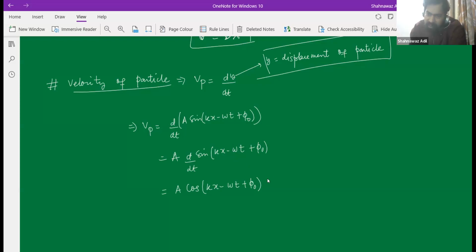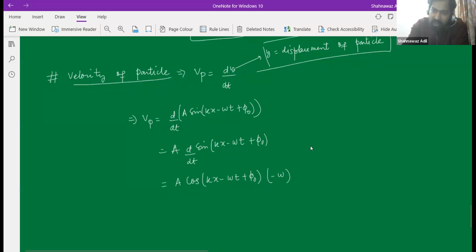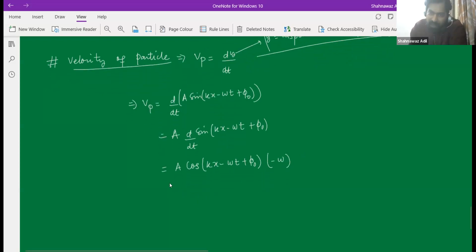This minus omega is there, so we'll get a minus omega. So this would be how much? This would be minus A omega cos(kx - omega t + phi). This is the velocity of the particle.